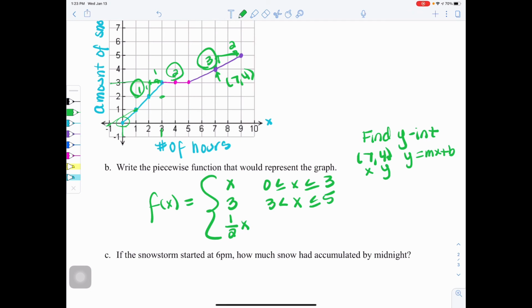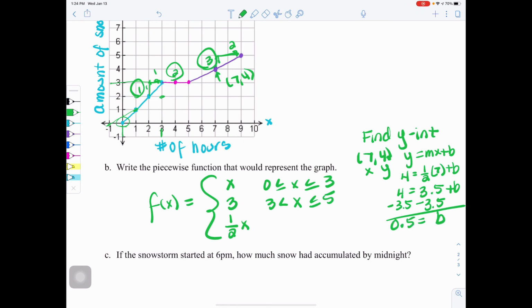From our coordinate, we know that y is 4. We already found the slope. It was 1/2, so that goes in for m. Our x comes from the coordinate. That's a 7. And then we are trying to find b, which is the y-intercept. So we get 4 equals half of 7 is 3.5 plus b. And then we would subtract 3.5 in order to get b by itself.